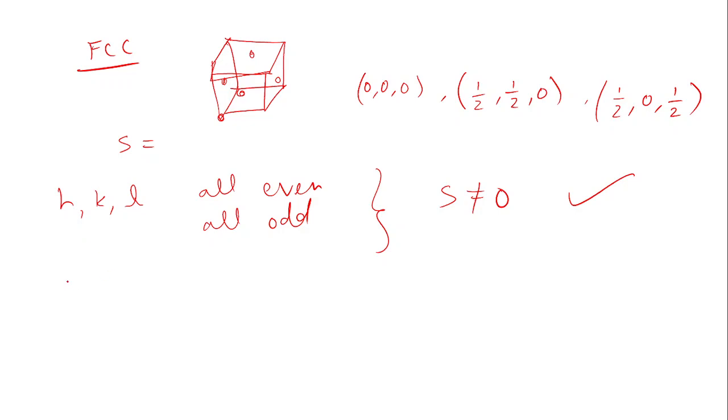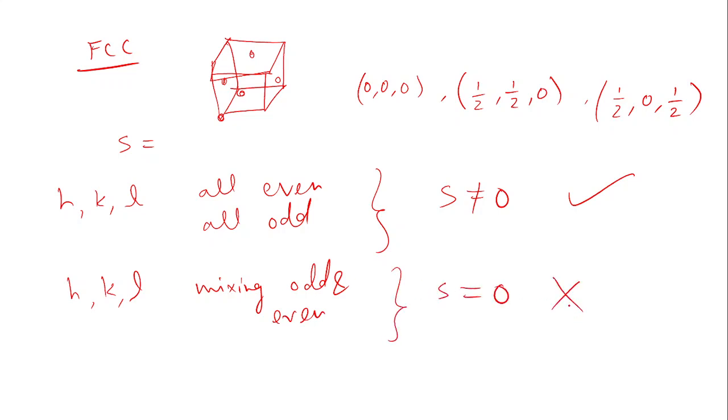But if HKL are a mixture of odd and even values, then the structure factor will be 0 and we will not get any diffracted peaks. This means if I have the 100 peak, we know zeros are even and 1 is odd, so we will not get a diffraction peak for an FCC crystal from the 100 plane.